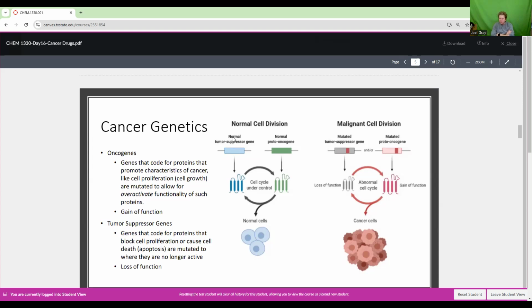And as long as there are no mutations in those tumor suppressor genes, you don't have to worry about tumors developing, because your body's going to stop them. If that tumor suppressor gene has a mutation, however, which is what we see right here, then it's not going to be able to function normally. It's not going to be able to stop what it needs to stop, in which case cancer can develop.